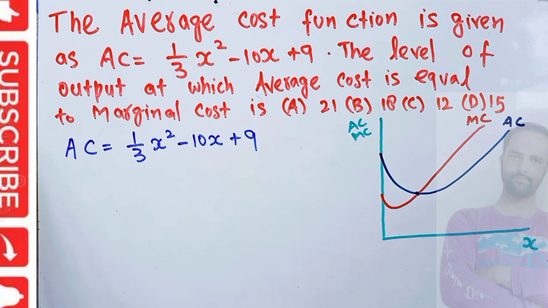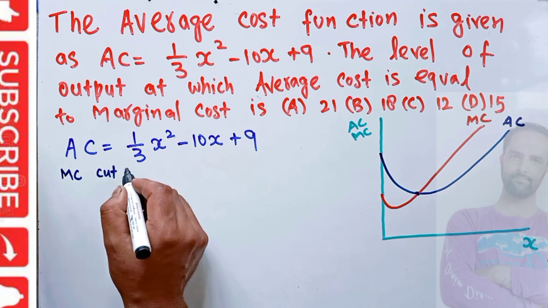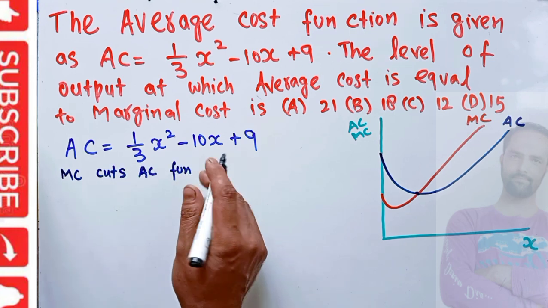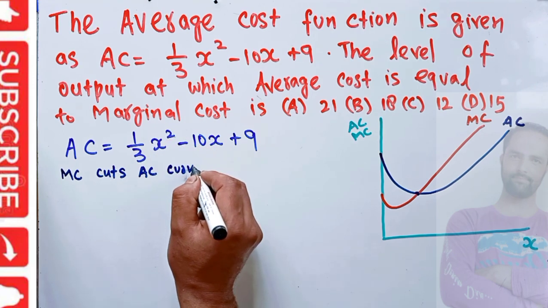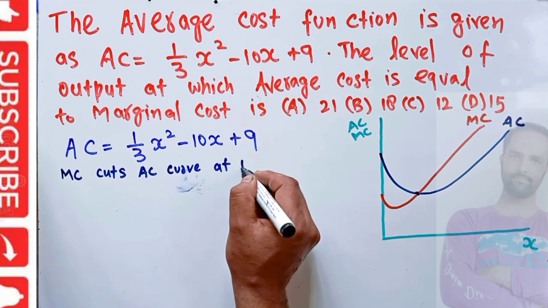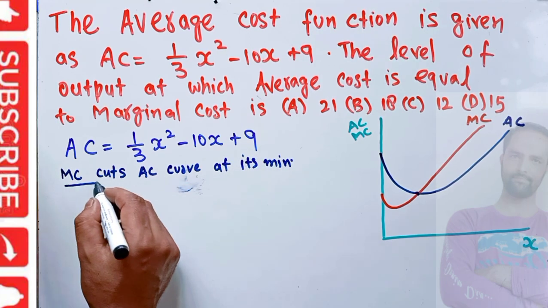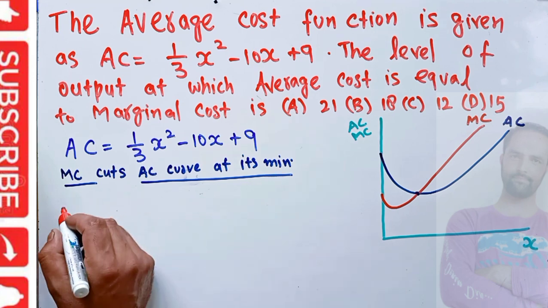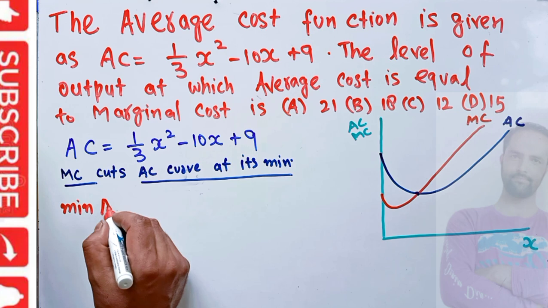When we know that the marginal cost curve cuts the average cost curve at its minimum point, from the firm's perspective that means we need to find out the minimum of AC.